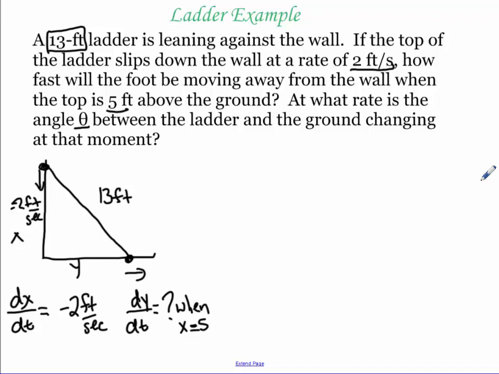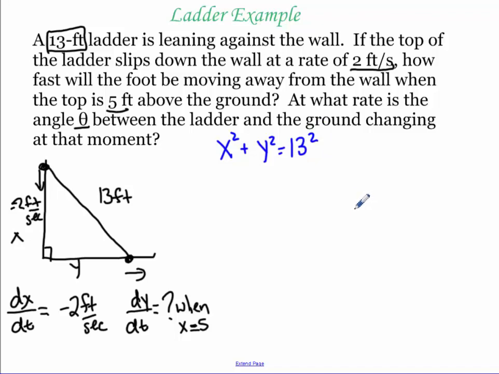Okay, so what you want to keep in mind, we now need to write an equation involving x, y, and 13. Well, hopefully you guys realize it's a right triangle. That's why our Pythagorean theorem is so helpful to us. So x squared plus y squared is equal to 13 squared.